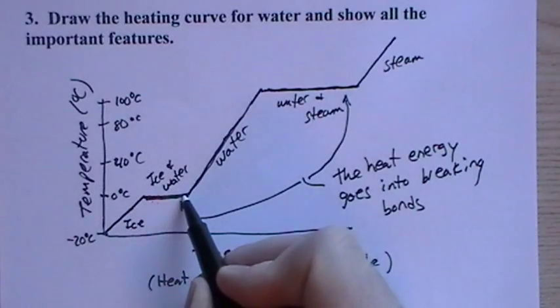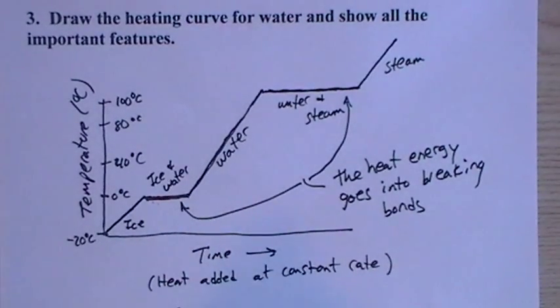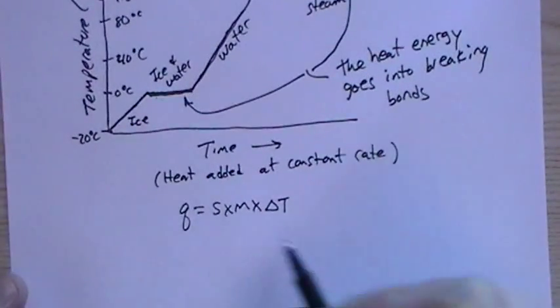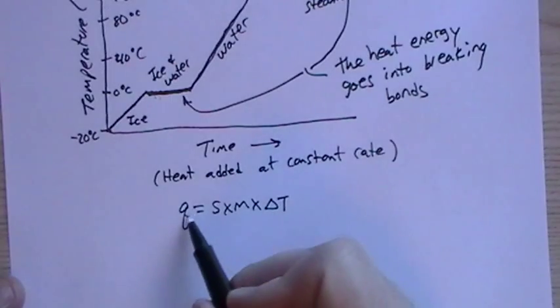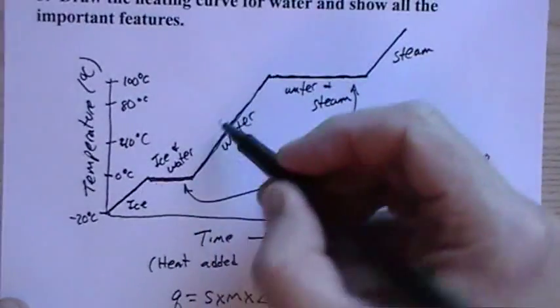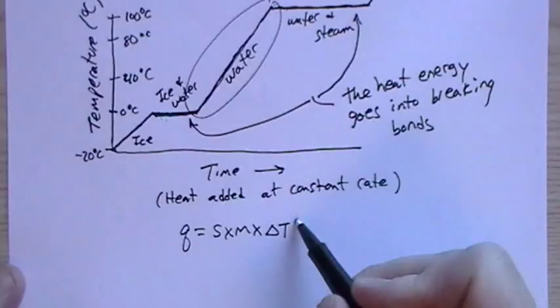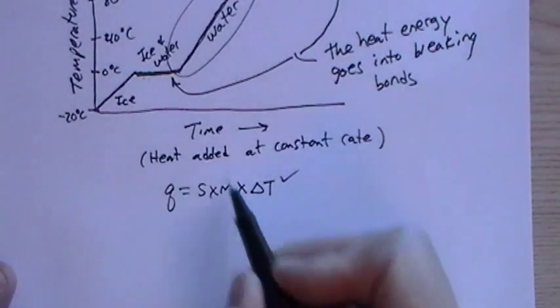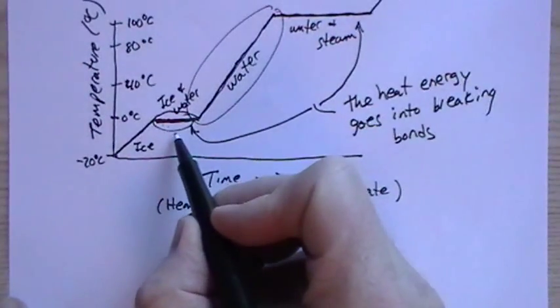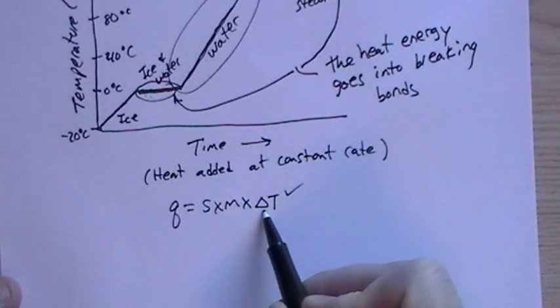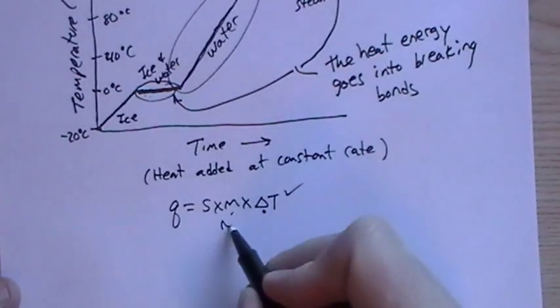Now since the temperature doesn't change, we can't use this. We've used this before to register the amount of heat that goes into, in this region here. We'd use this equation. But at this point, where there's no change in temperature, then this delta T would be 0, so we can't use this.